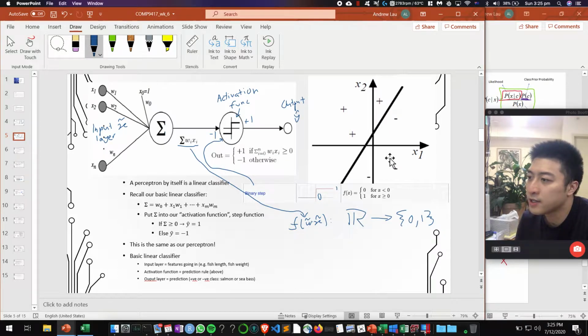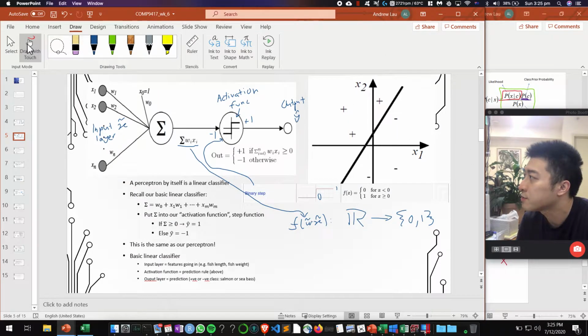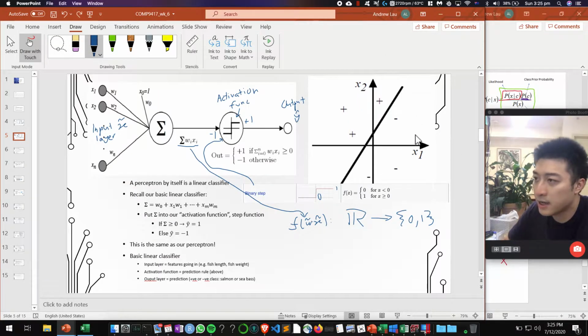So we've seen linear classifiers before, but the linear classifier can actually be viewed as a perceptron, right? And here it is sitting here. So you have your classification task, and in this case you only have your two features.